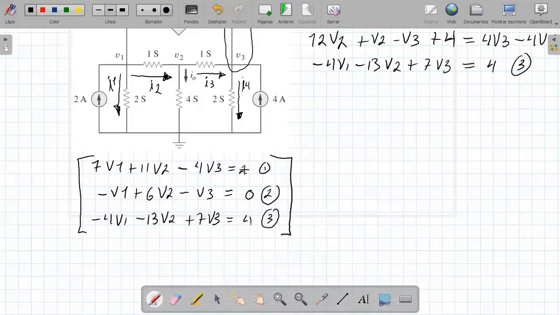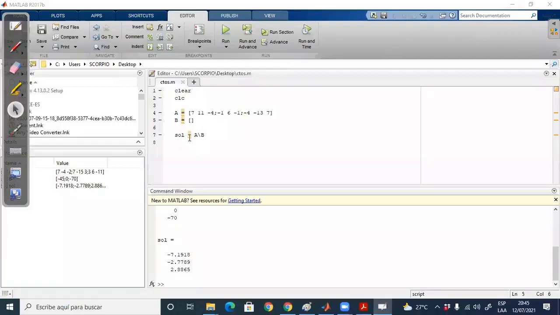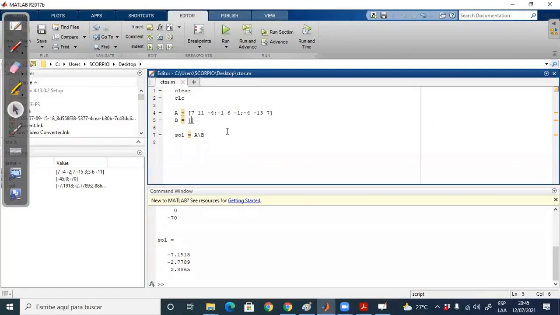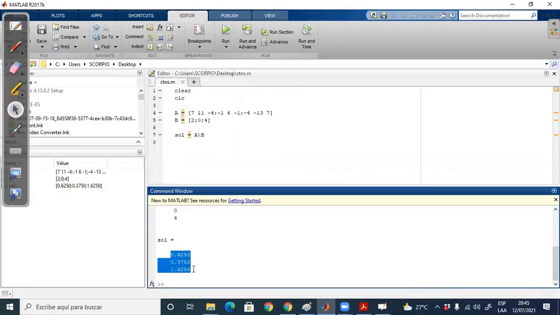I check that I have the voltage values: 0.625, 0.375, and 1.625. Okay. Here I tell you that V1, as you are asking, is 0.625 volts, or also 625 millivolts.